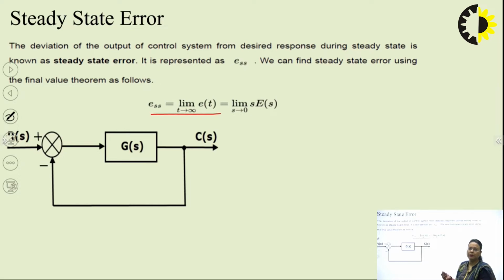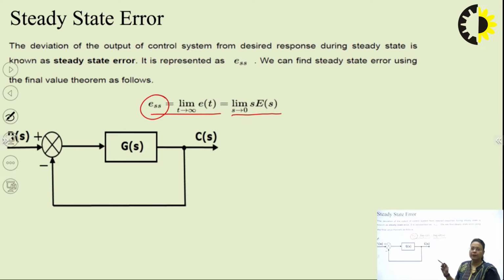We can get this formula from the final value theorem. In terms of frequency, the formula is limit s tends to 0 s into E(s). We can define the steady state error as the deviation of the output of a control system from the desired response during the steady state, and it is represented by ess.